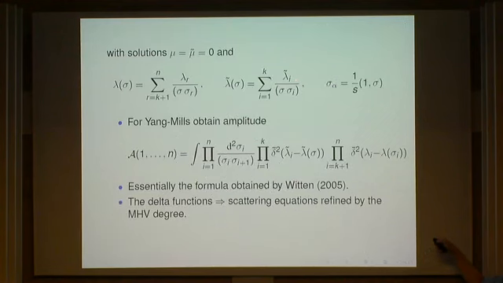Okay, and then when you do that, you've essentially done. You are down to an amplitude formula. The current correlator gave you this so-called Parke-Taylor factor, and this now gives you a formula for the amplitude.